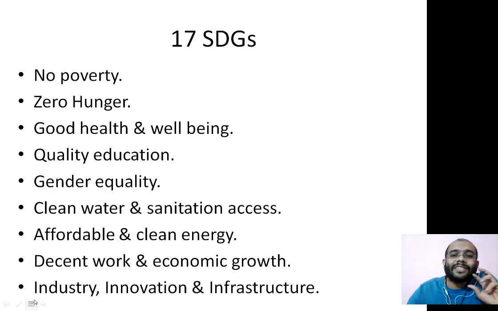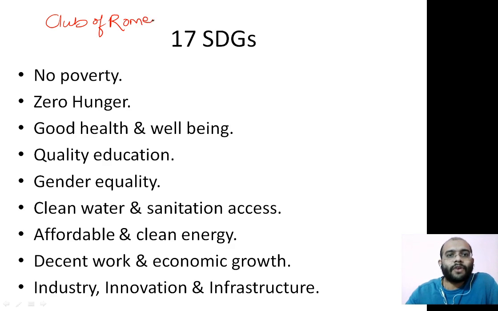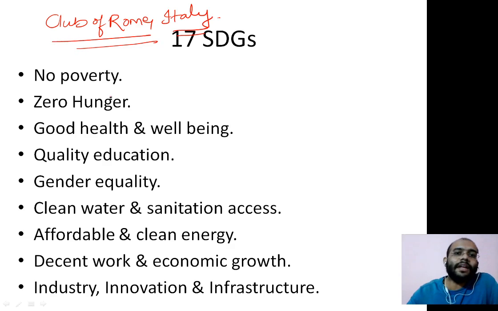So what are the sustainable development goals? In order to achieve sustainable development, we need to achieve the sustainable development goals. The committee met at the Club of Rome in Italy and formulated 17 sustainable development goals for each and every signatory nation. So what are these 17 SDGs?